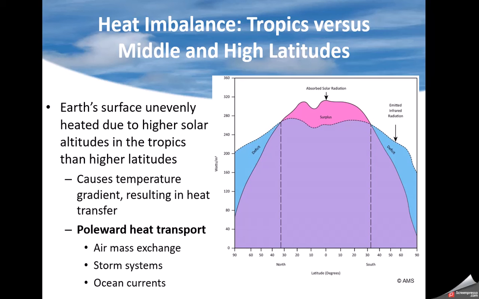That means that something's got to transfer all that excess solar energy to smooth things out because there's a temperature gradient there. What are some of those things? They're air mass exchange, storms, ocean currents. Guess what? Hurricanes are one of the most efficient and best ways of bringing heat from the tropics into the northern latitudes.